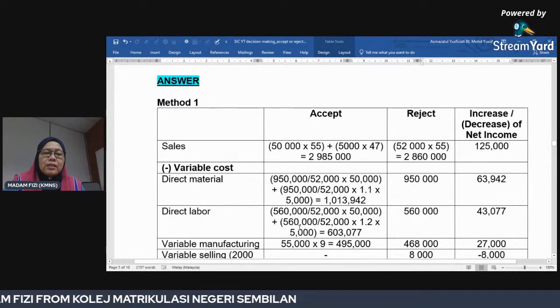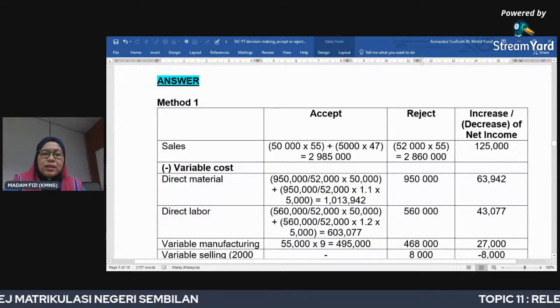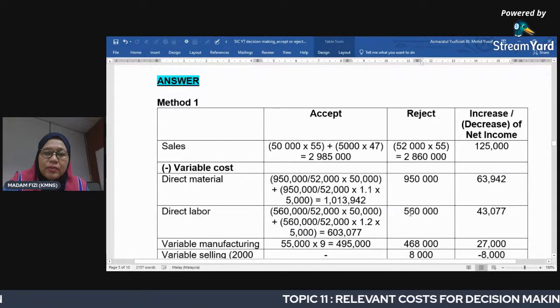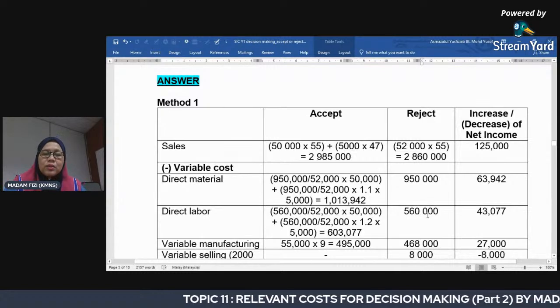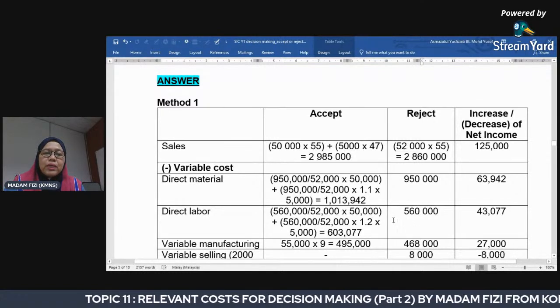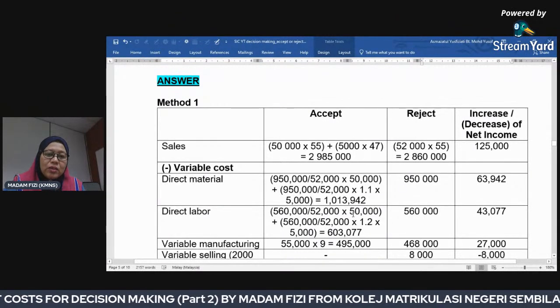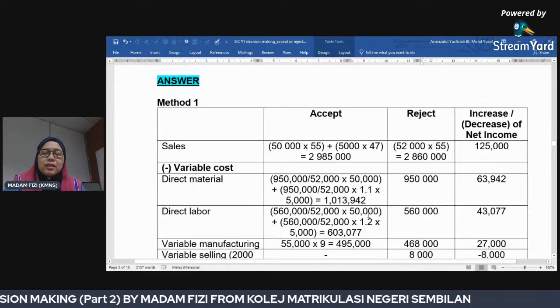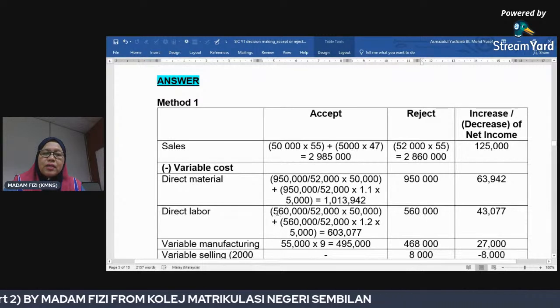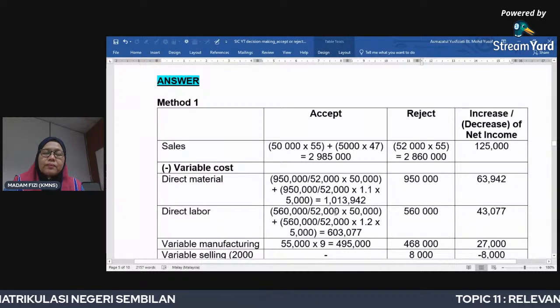Okay, now we look at the direct labor. The direct labor yang asal, if we reject, that is the 560,000 in the question. But if we accept, so you have to calculate the direct labor cost per unit first. The direct labor cost per unit is 560,000 divided by 52,000 unit.